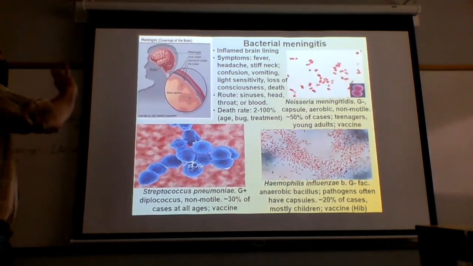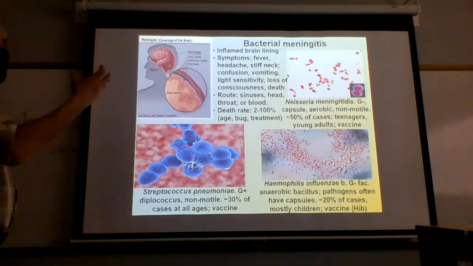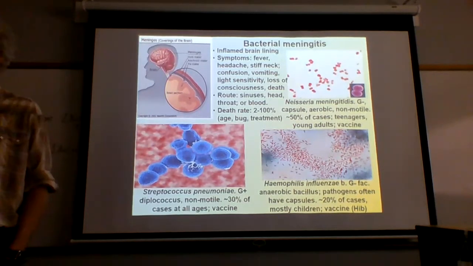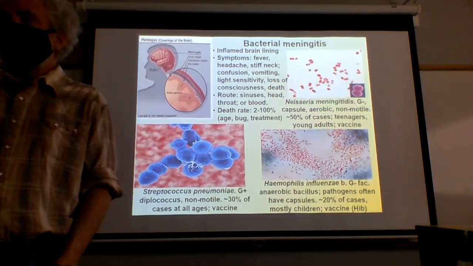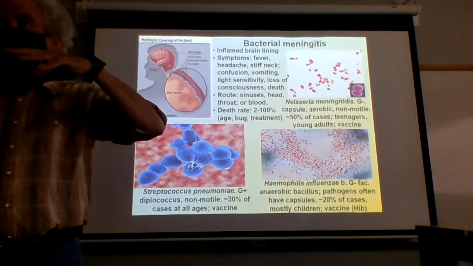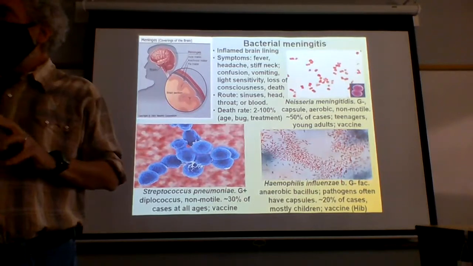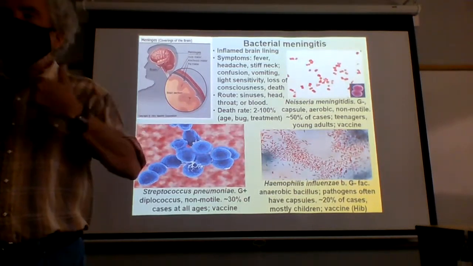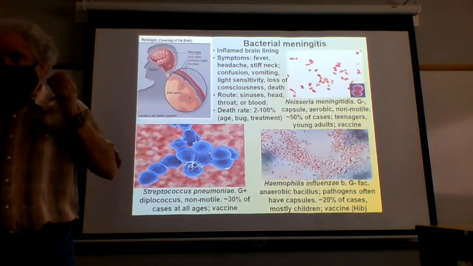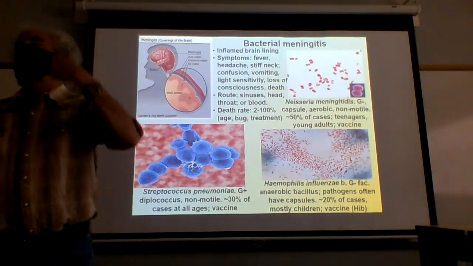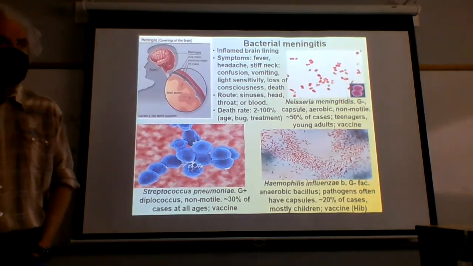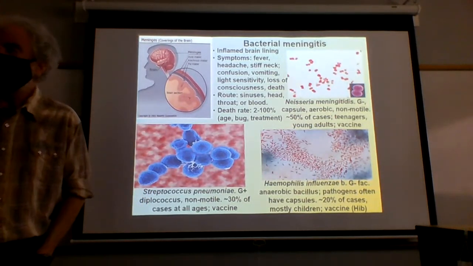Meningitis is a general term for inflammation of the meninges, of the brain lining. One of the issues is the so-called blood-brain barrier. Essentially, there are systems in place that keep certain metabolites and a variety of different things from getting up into the brain. We try and keep the brain in a reasonably safe spot. It's not easy to get antibiotics up into the brain, and so it's a very difficult spot to kill bacteria.